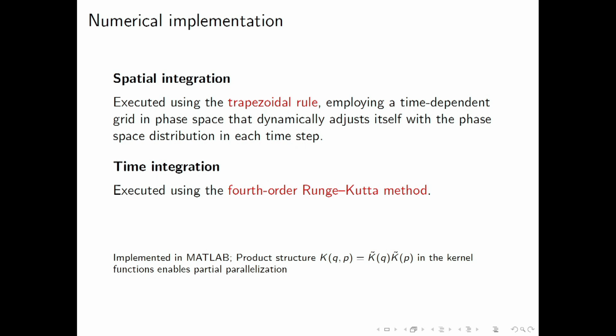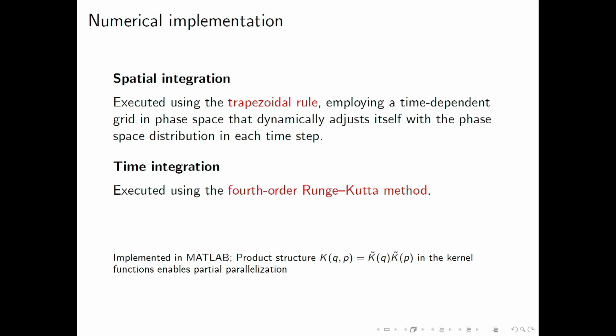For now we use a partial integration for the integrals, which is executed by a trapezoidal rule. We also employ a time-dependent grid in phase space, which moves with the phase space distribution. For the time integration, we use a fourth-order Runge-Kutta method.